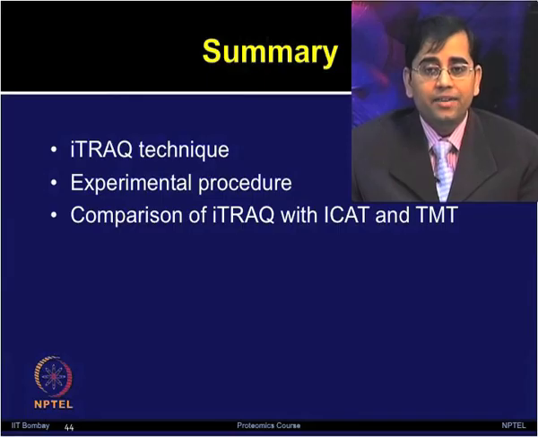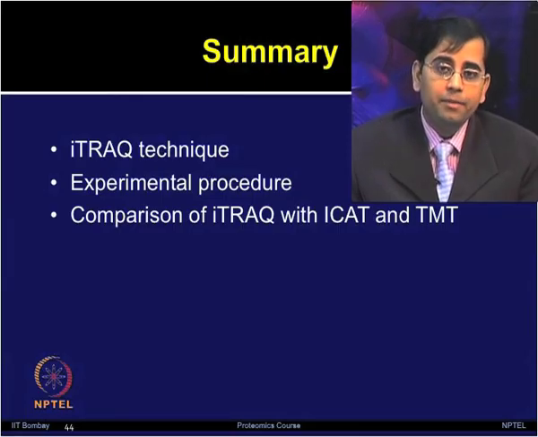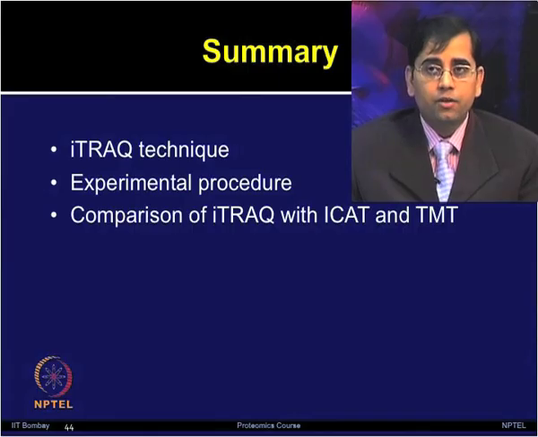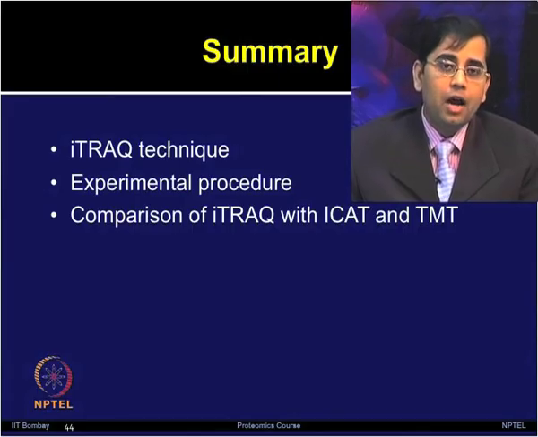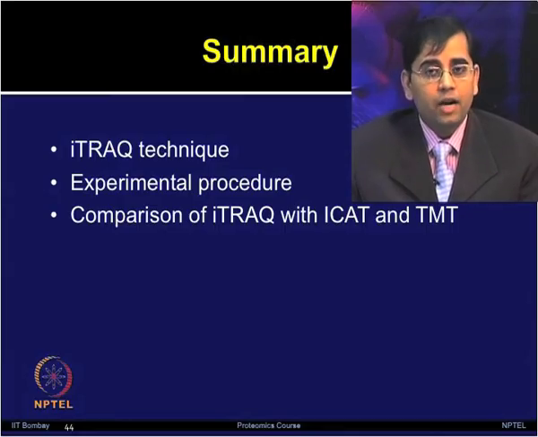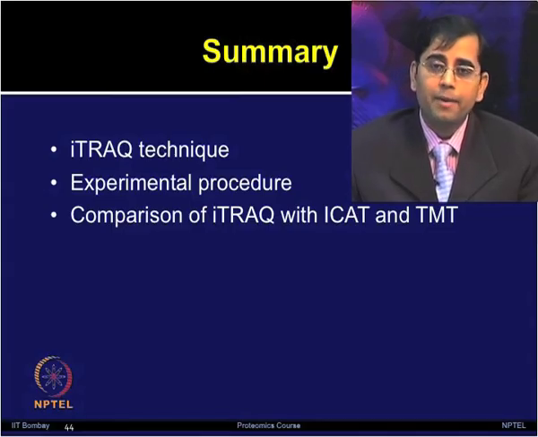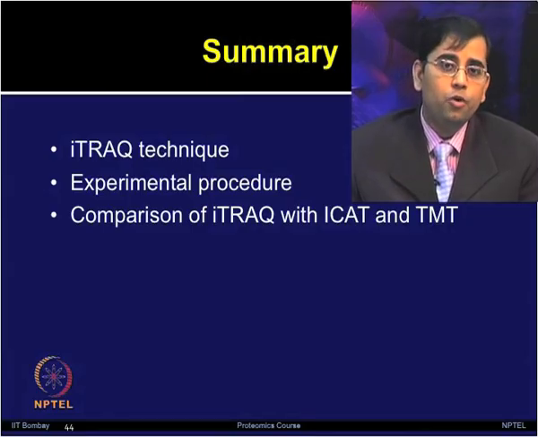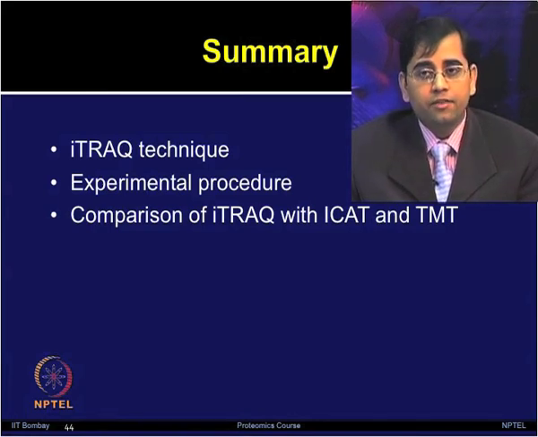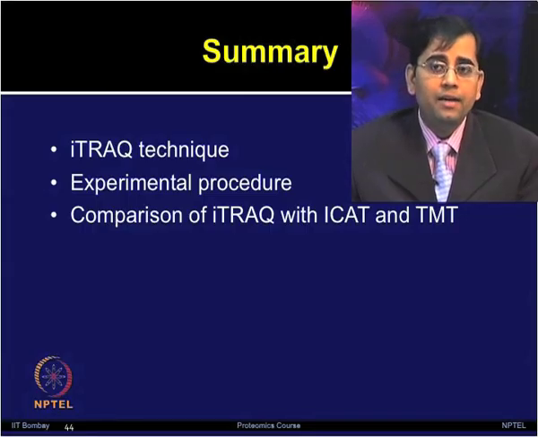We compared iTRAQ with ICAT and TMT, and during the discussion we also looked in much more detail at how to perform the iTRAQ experiment. So, as you know, with the steady advances in mass spectrometry, quantitative proteomics has progressed dramatically in the past few years. The efforts to analyze the proteome of many species, both qualitative and quantitative, have generated an abundance of data in a variety of biological samples, from bacteria to human.